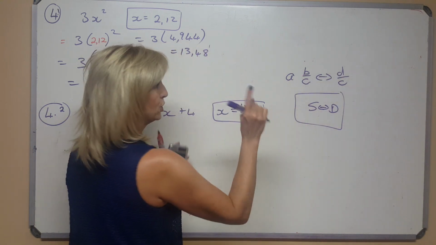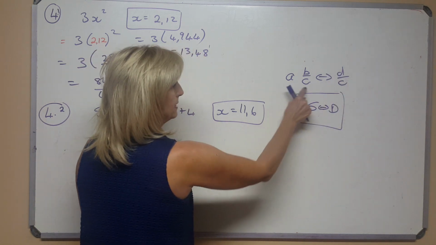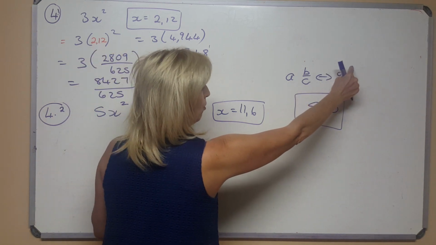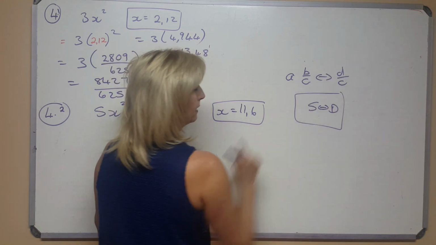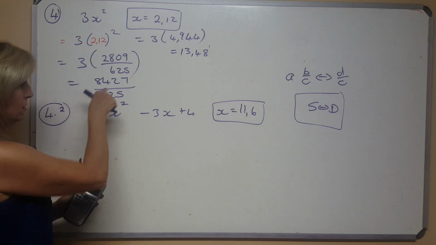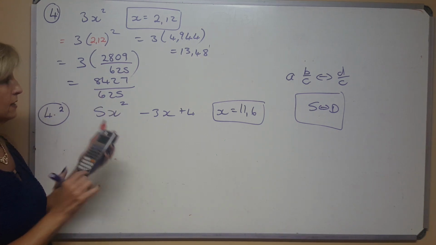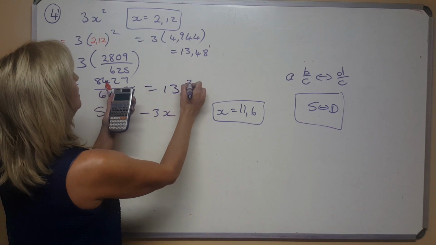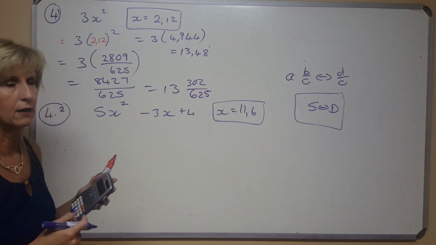So it's a second function. What it does, it takes an improper fraction to a mixed number. Dit vat 'n onegte breek na 'n gemengde breek of 'n gemengde breek na 'n onegte breek. So if I've got this on my calculator and I press that shift there, it's going to give me 13 and 302,625. Learn to use your calculator.